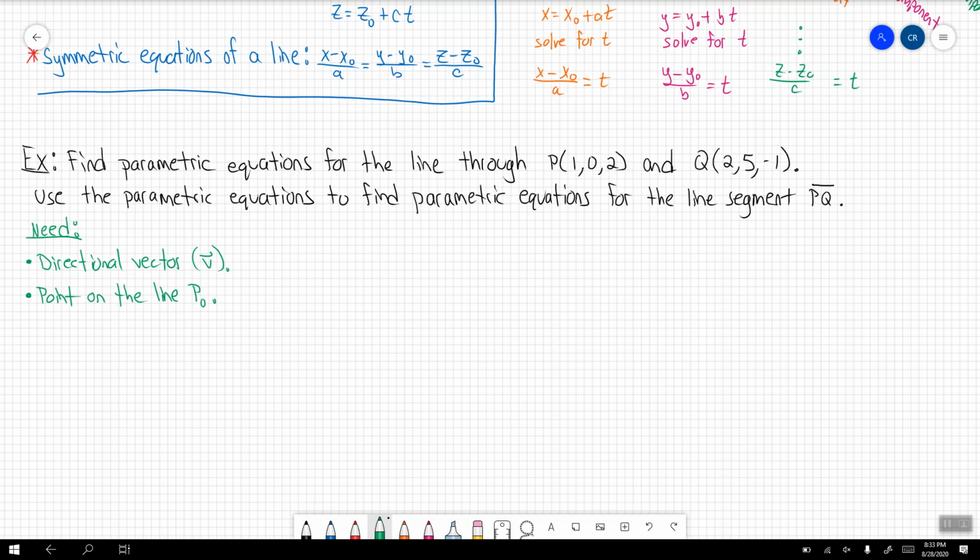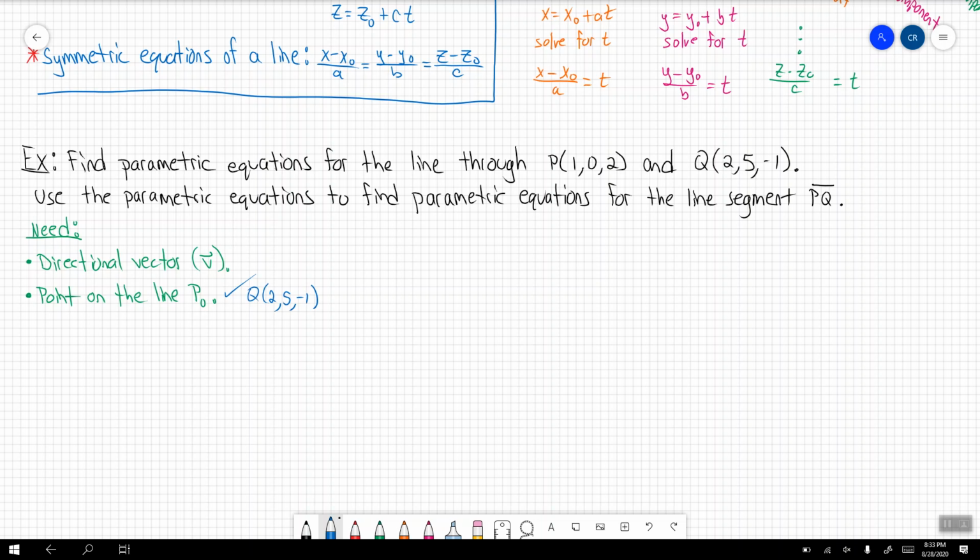And then somebody would answer, I want to work with Q. So I would say, okay, great, let's work with Q. So I know I found my point on the line, and I'm going to classify that as point Q, which will be (2, 5, -1). So I'm going to keep that in my back pocket.